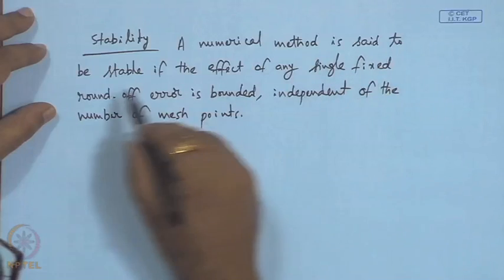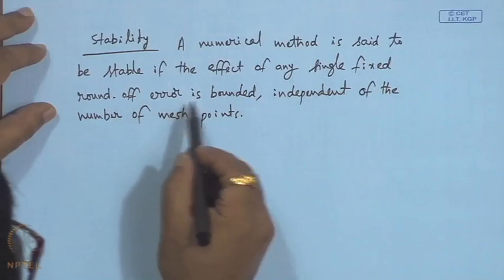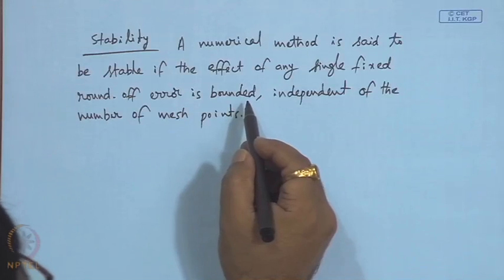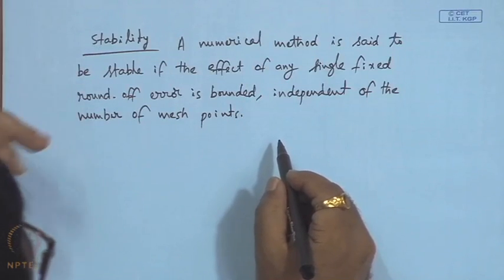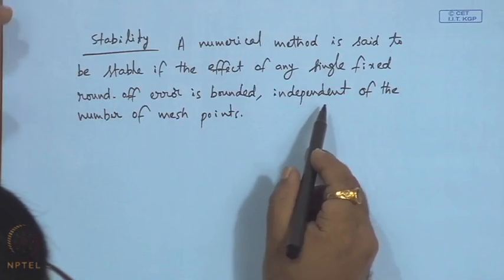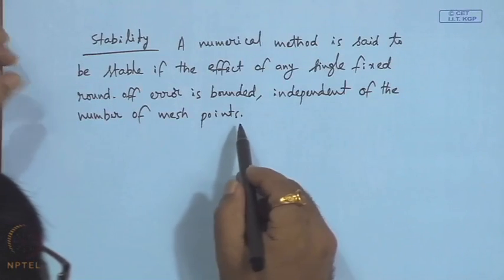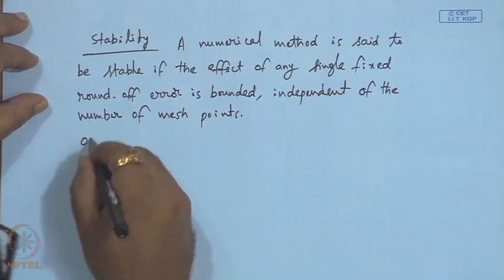The numerical method is said to be stable if the effect of any single fixed round off error is bounded. That means, the effect of a round off error is bounded, meaning it is not really growing, and is independent of the number of mesh points. This is another important parameter.